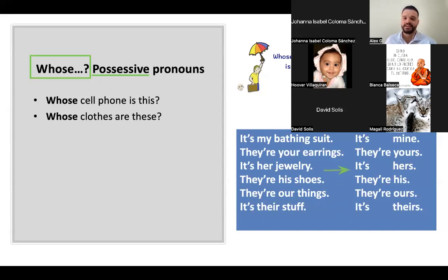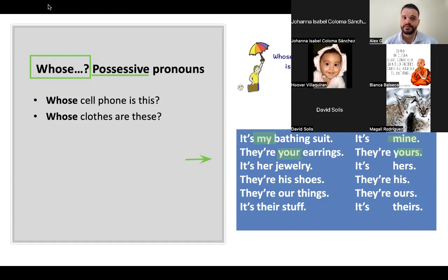So please make sure to remember and memorize the possessive pronouns: my, mine, your, yours, her, hers, and make sure to practice so you can remember each one, okay? So my, mine, your, yours, okay? And so on and so forth, okay?